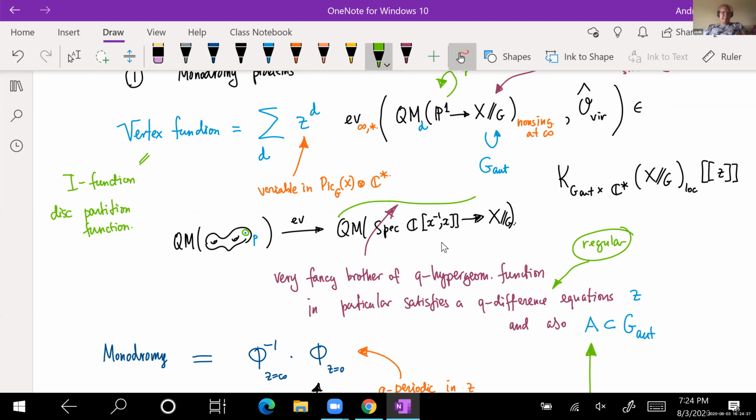So what is the status of this? You're making this space that you've written, this quasi-maps from the punctured disk. Yeah. So that space is certainly totally fine, because that space exists. And is it a true fact that the K-theory of that is elliptic cohomology, or is it a conjecture, or is it a definition?